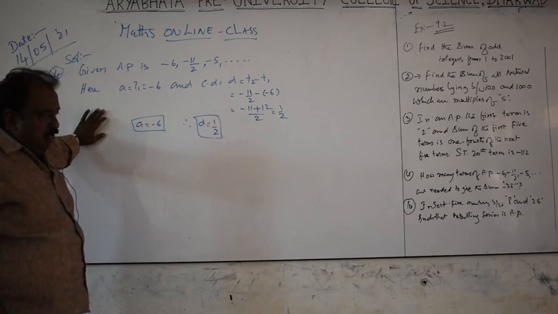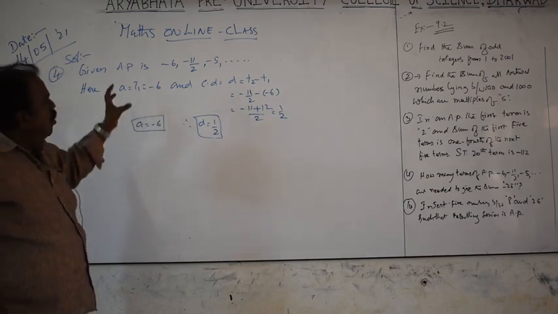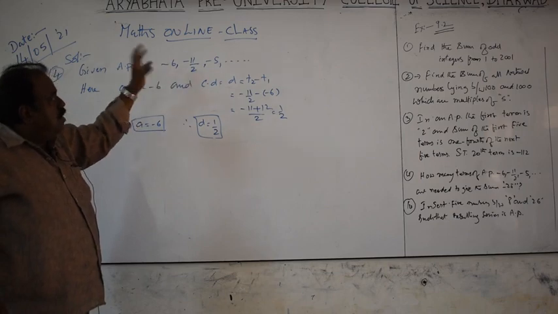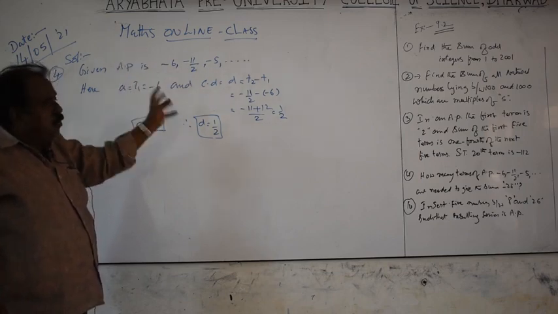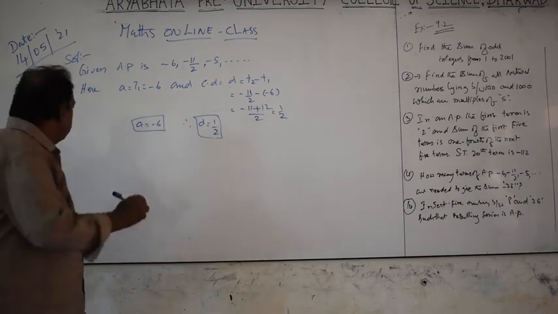Now, what are we asked? In this series, how many terms are needed? Let it be n terms. N terms are needed to make a sum of minus 25. That is the meaning.